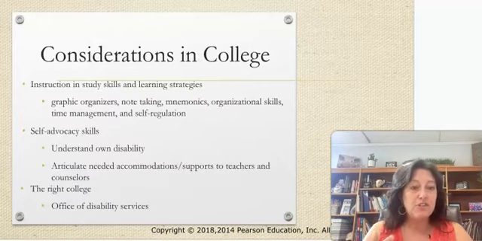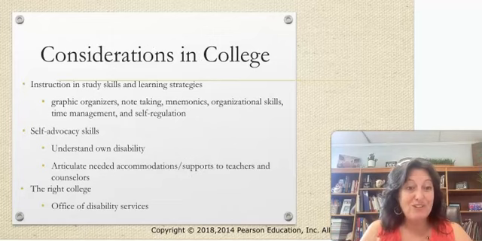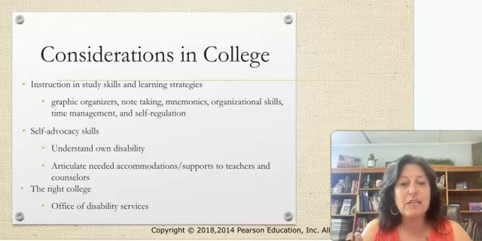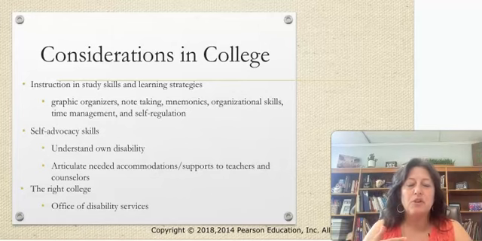Now, these students more and more are moving into colleges, which is awesome. They are so capable of success. And so when these students go into college, and maybe you're one of these students who has a learning disability, having those study skills, how to learn, is so important.